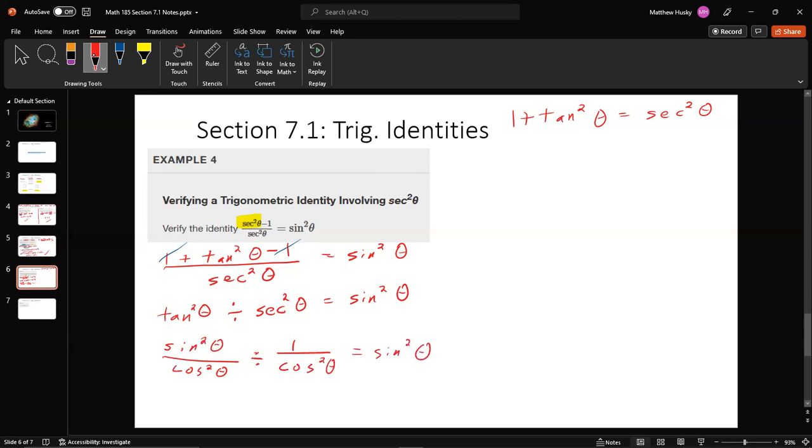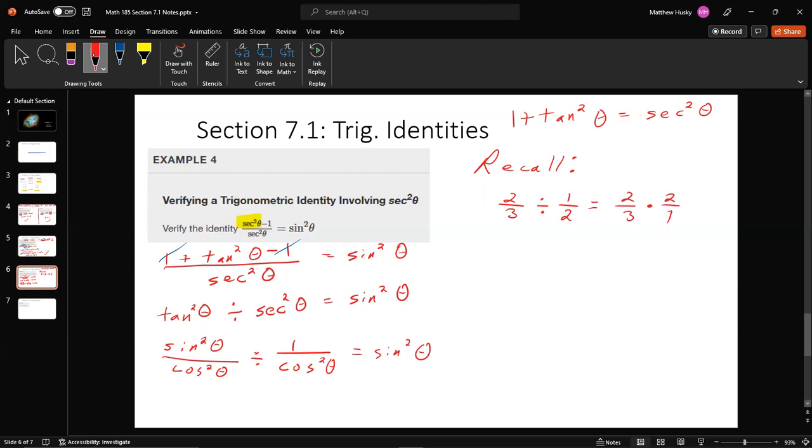And then something to recall, this is a little blast from the past here. If you are dividing fractions, so if you're doing, say, 2/3 divided by a half, what you're supposed to do is 2/3 times 2 over 1.